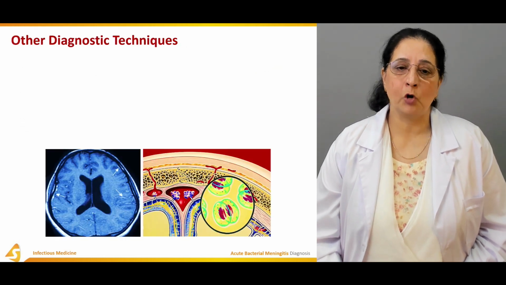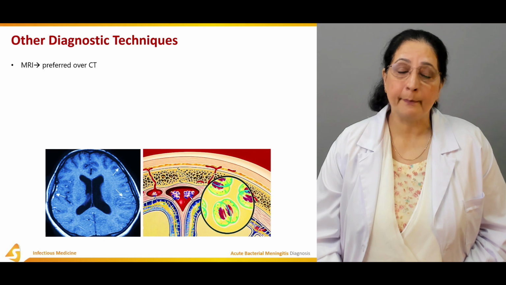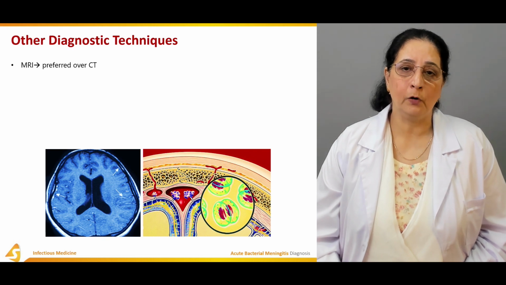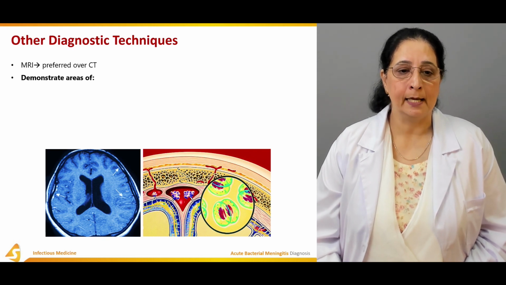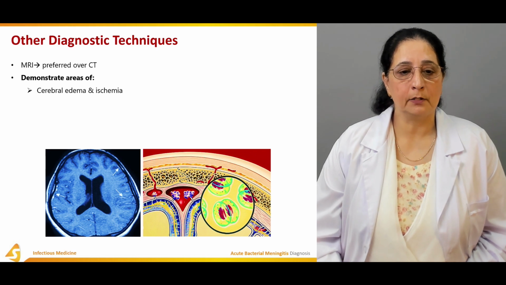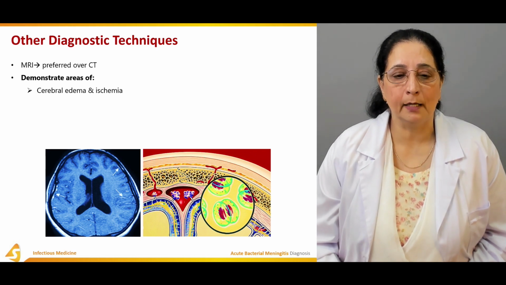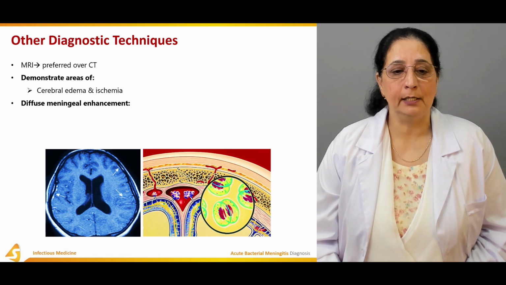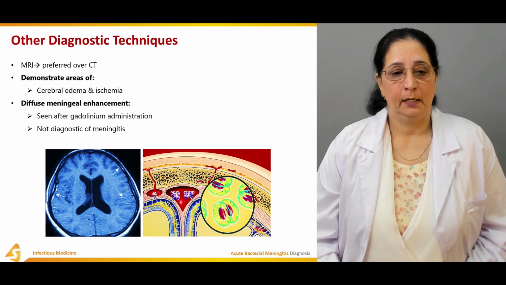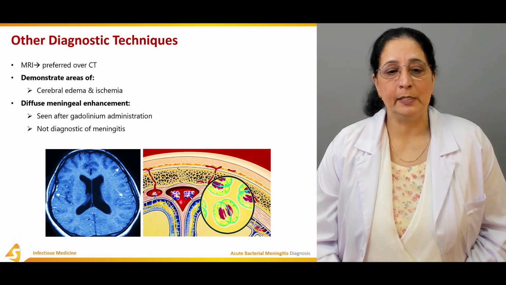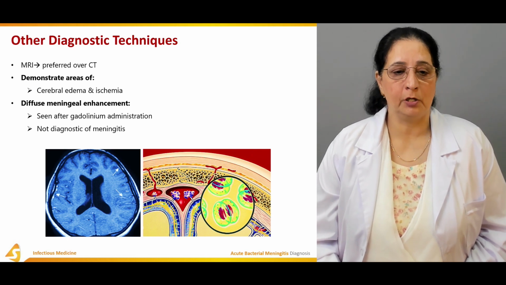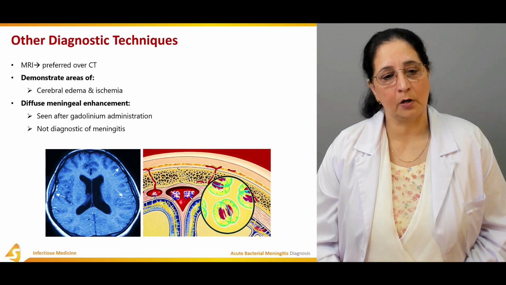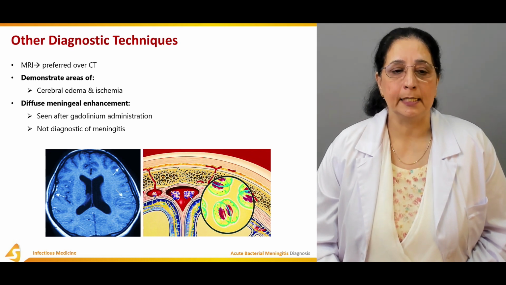Some other diagnostic techniques: we have MRI, which is preferred over the CT scan, and demonstrates areas of cerebral edema and ischemia. Diffuse meningeal enhancement is seen after gadolinium administration, but is not diagnostic of meningitis.